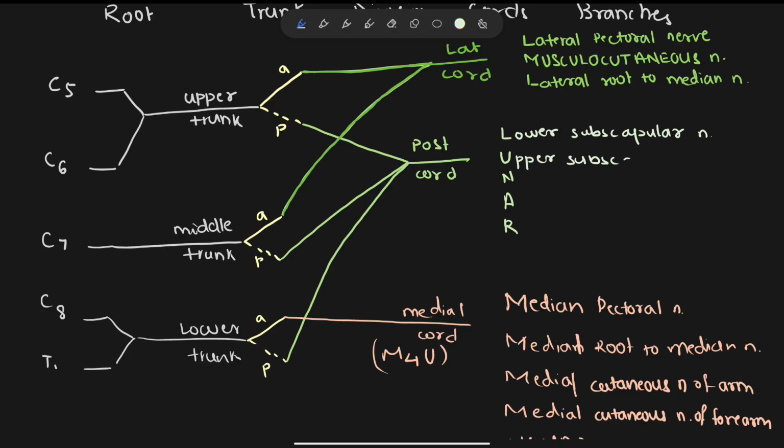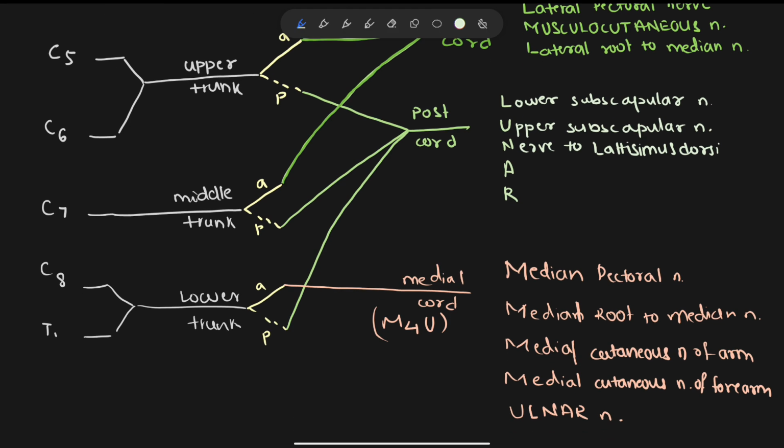Upper subscapular nerve. Okay, now NAR, N is nerve to latissimus dorsi. We all know we have a muscle in the back, latissimus dorsi, which is getting supply from posterior cord divisions, posterior cord, and from posterior division of upper trunk. Now axillary nerve. A for axillary.